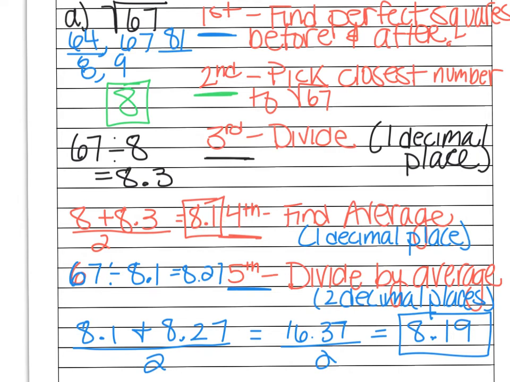You're going to take your 67 and your 8.1 average and divide that, so you get 8.27. And then at the end, you take the average of both of those numbers, the 8.1 and the 8.27, and you end up getting 8.19.